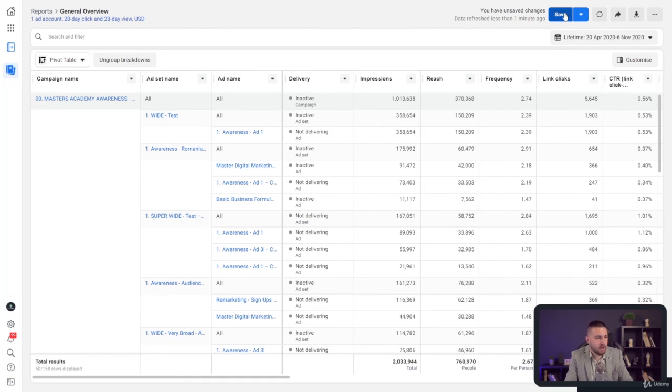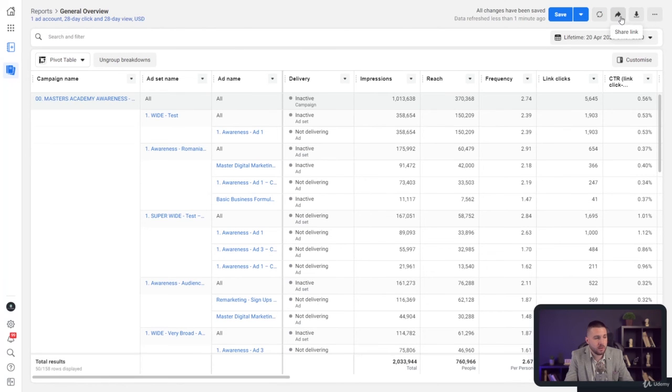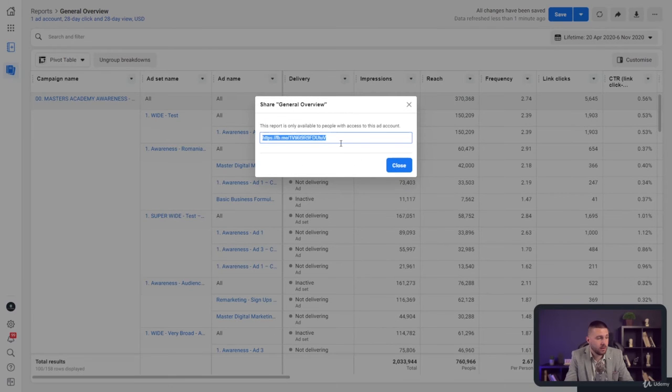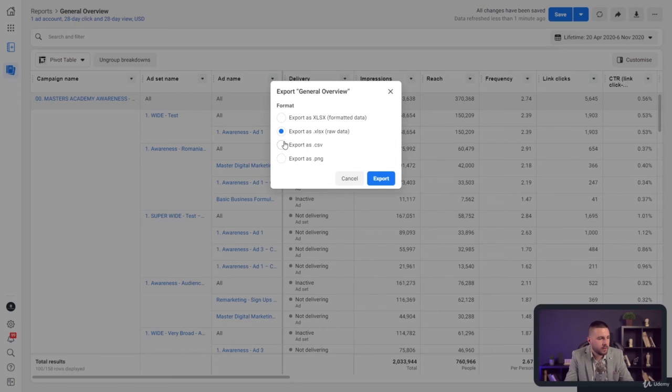And now that it's saved, you can also refresh it from over here. You can export it, and you can share it as a link, right? If you open that link, you can now open and see and share that report. And also, you can export that.